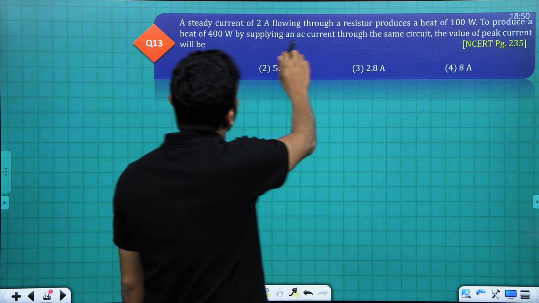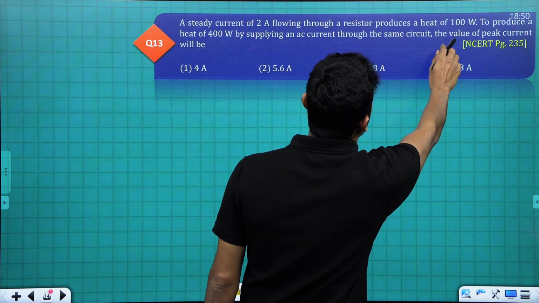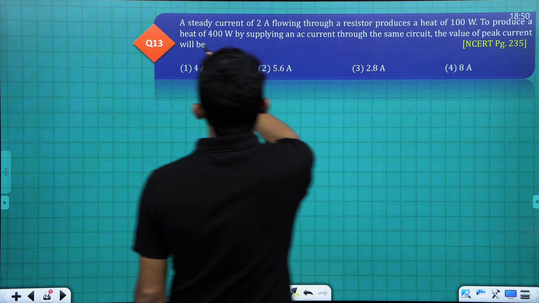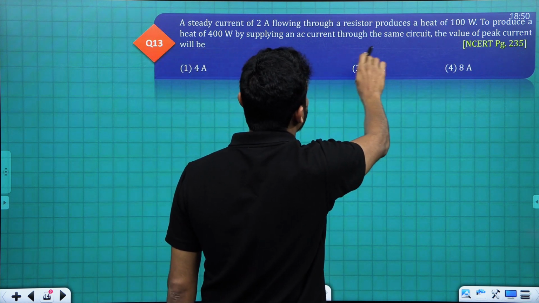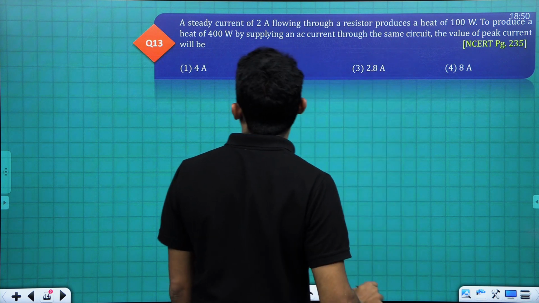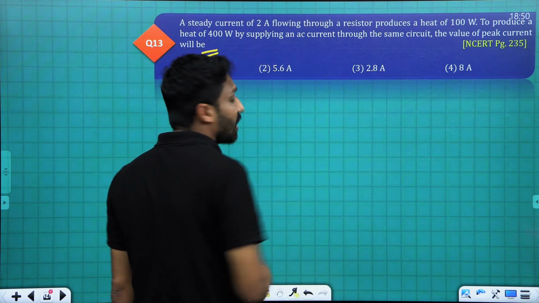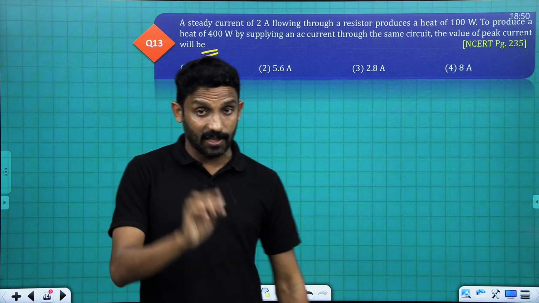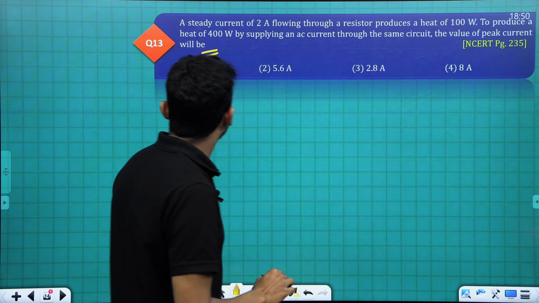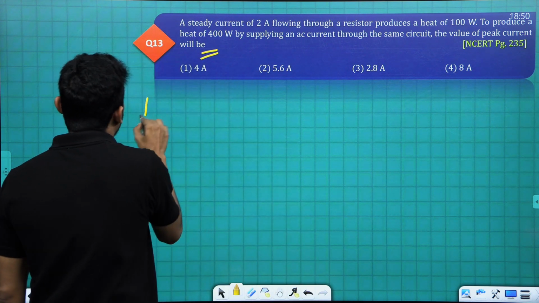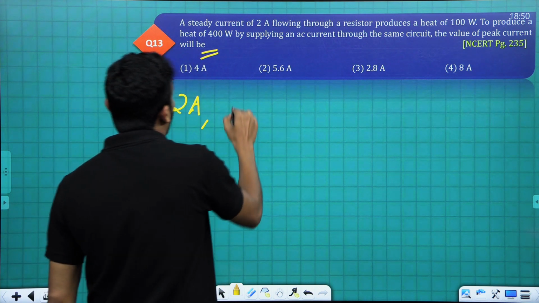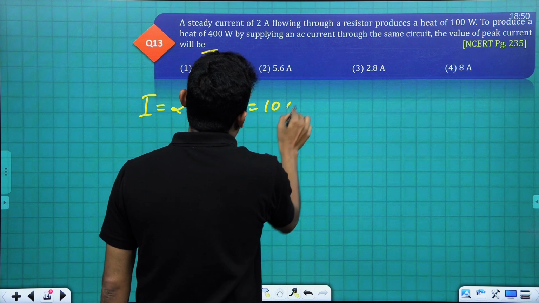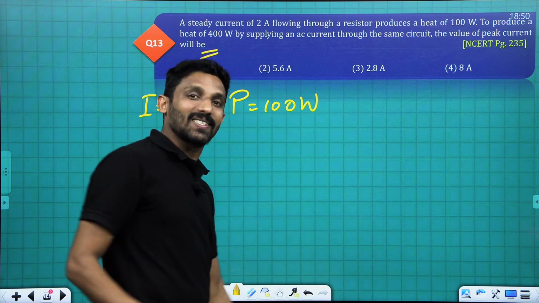To produce a heat of 400 watt by supplying an AC current through the same circuit, the value of peak current will be? In the first case, the current is direct current: I is equal to 2 ampere, producing a power of 100 watt in the resistor.